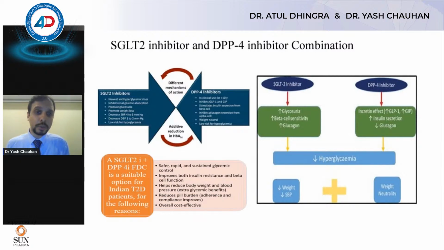Regarding SGLT2 inhibitor and DPP4 combination therapy, both of them are synergistic in their mechanism. They have different mechanisms, and therefore they give an additive reduction in your sugars. SGLT2 inhibitors increase glycosuria, and therefore increase beta cell sensitivity, whereas DPP4 inhibitors increase insulin release, and both of them reduce hyperglycemia overall.